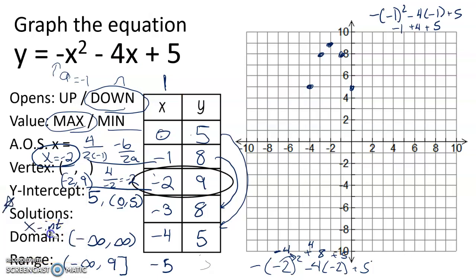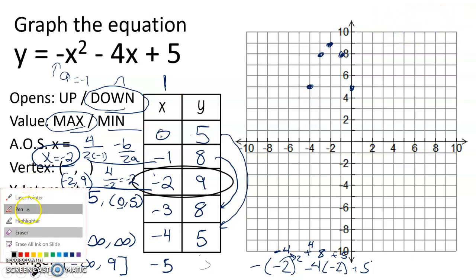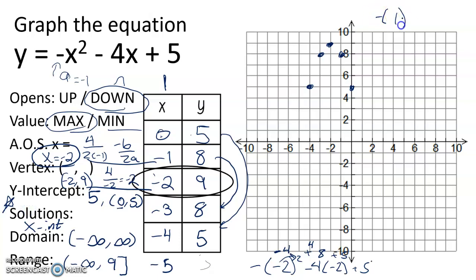I'm going to go ahead and erase some stuff here. So -1 squared minus 4 times 1 plus 5. It's going to be -1 minus 4 plus 5. Well, shoot, if we add those together, I get myself 0, which means, again, it still follows the same rules. This one is going to be 0 as well.